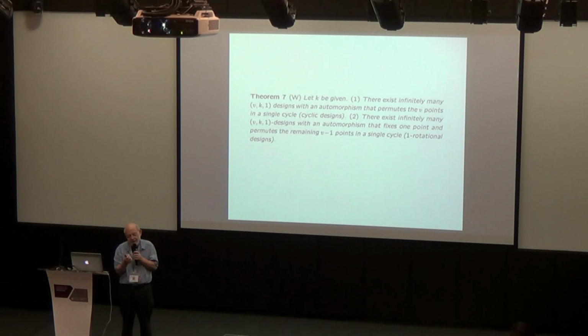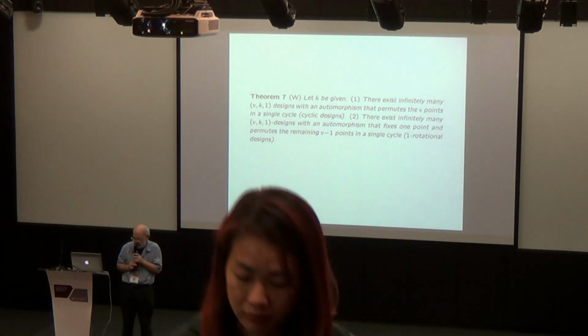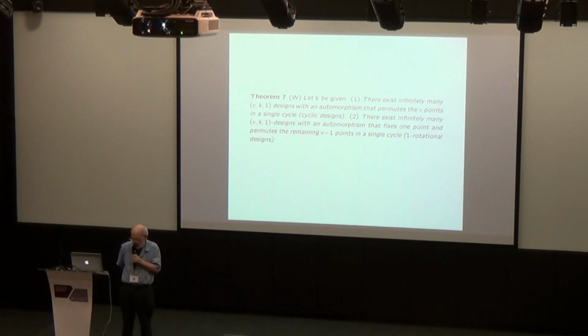I wish I could say what the necessary and asymptotically sufficient conditions are, but I can't. So when you introduce the group, when you ask for cyclic designs or structures, the asymptotic theory fails. But at least you could say there are infinitely many. And that first result has been known forever, I think, since 1973.